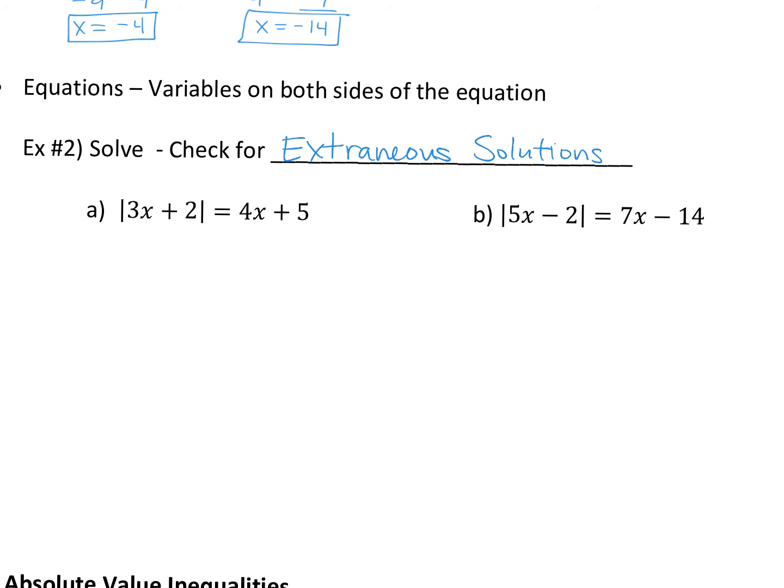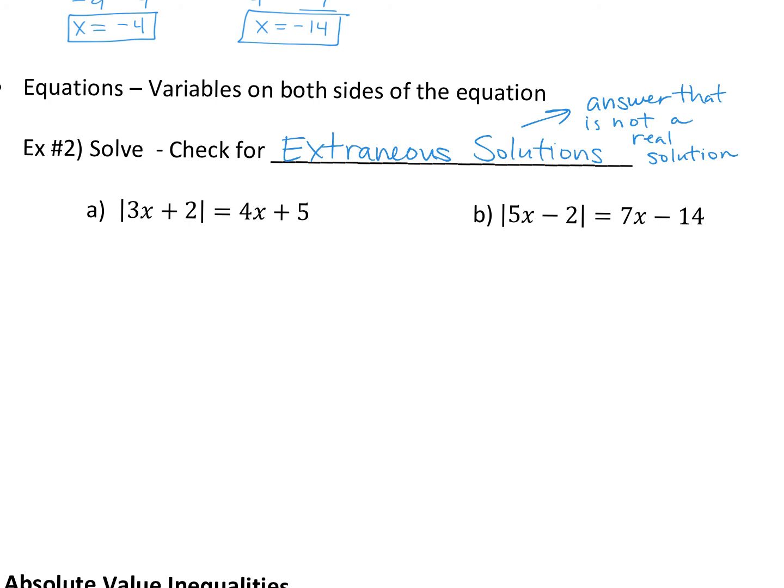Okay, extraneous solutions. Basically, an extraneous solution is just an answer that is not a real solution.